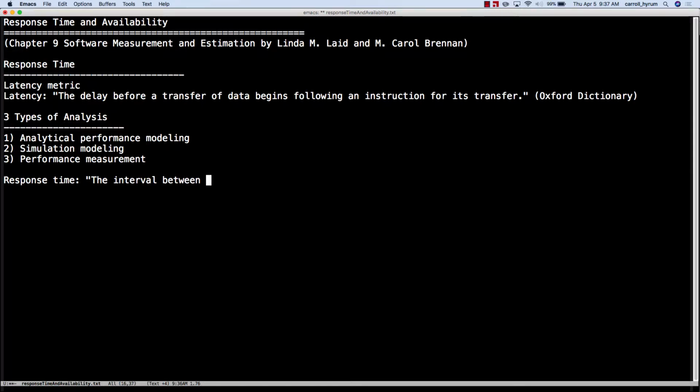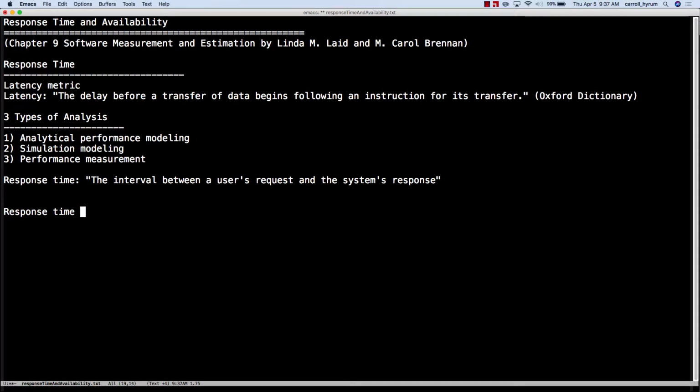Interval between, so between means two different events, a user's request and the system's response, which is basically what you've said. So the interval between a user's request and the system's response.